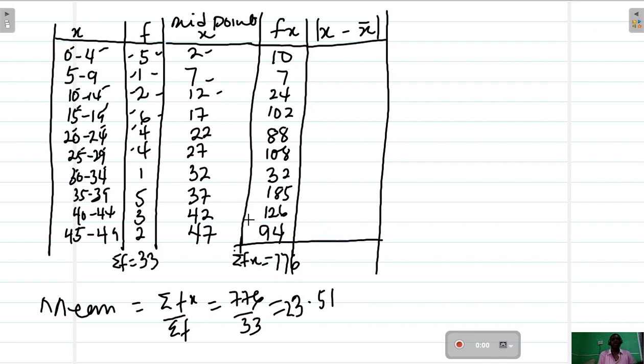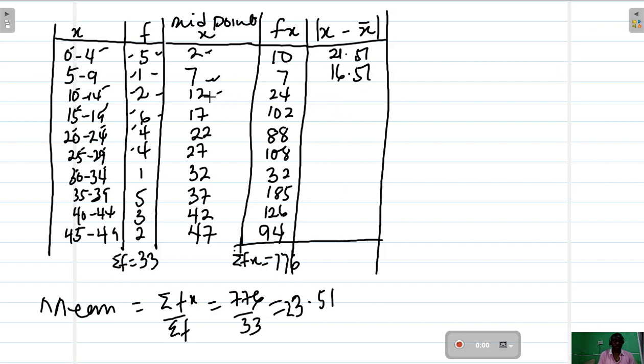The midpoint 2 minus the mean: 2 minus 23.51 gives us minus 21.51, so absolute to the positive 21.51. Then 7 minus 23.51 also gives us minus 16.51, so it becomes 16.51.